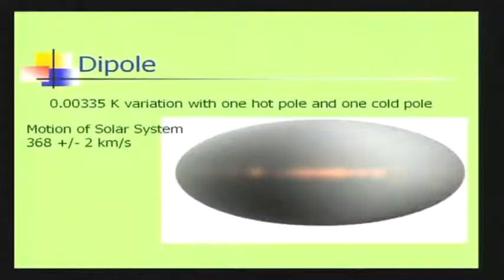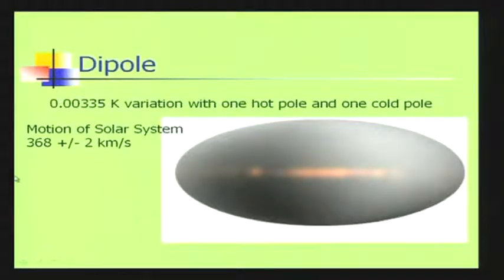After all, we are seeing the cosmic microwave background radiation through our own galaxy, which leaves an imprint. This can also be removed by doing observations over a large number of frequencies. Anyway, the main point here is that after you remove the isotropic component, the next thing that you see is a dipole.